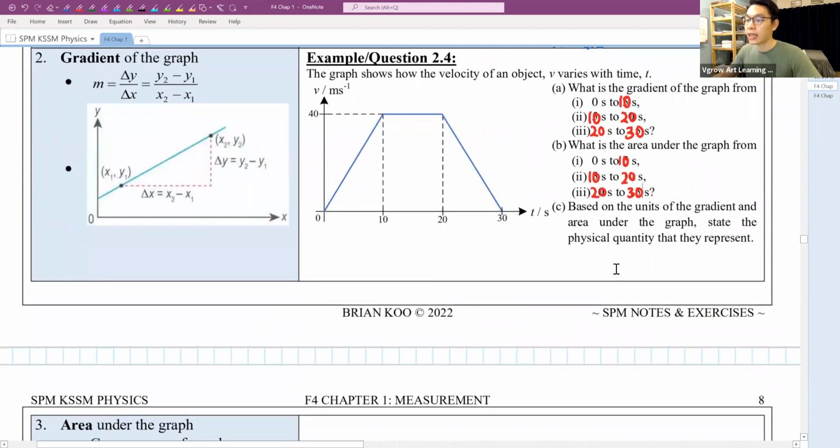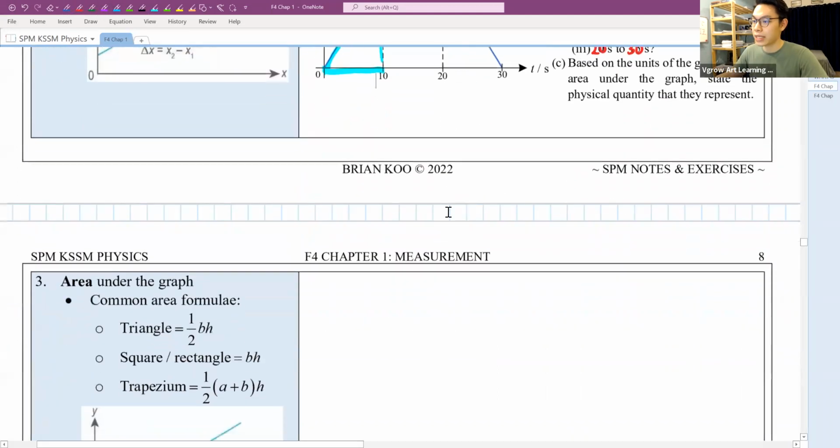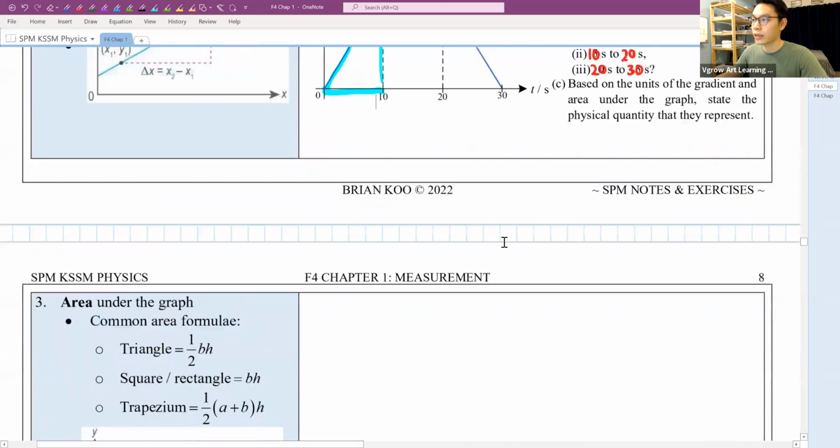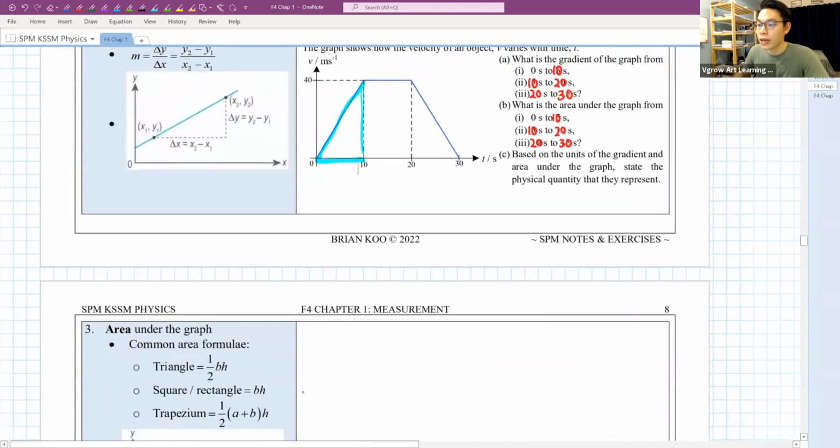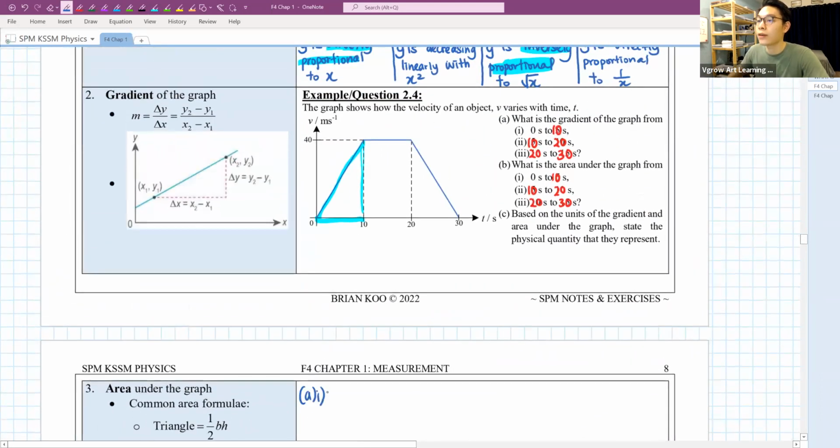Sorry, and then we are going to find out the gradient from 0 to 10 seconds. So let's focus on 0 to 10 seconds only. There's space down here, so you can write down here. Starting with A1. From 0 to 10 seconds, the gradient is a positive value.